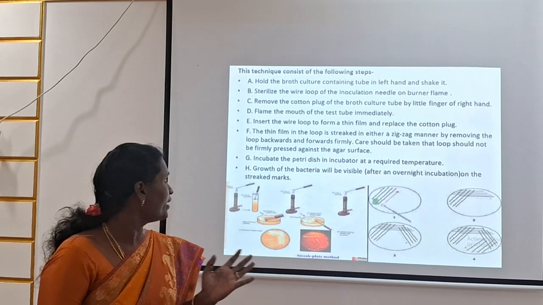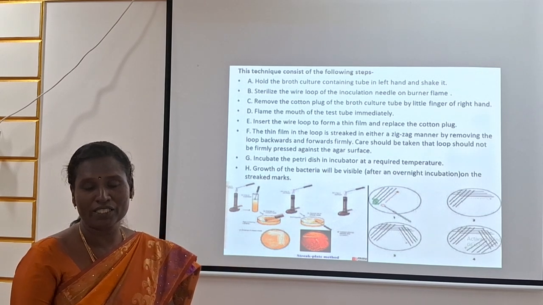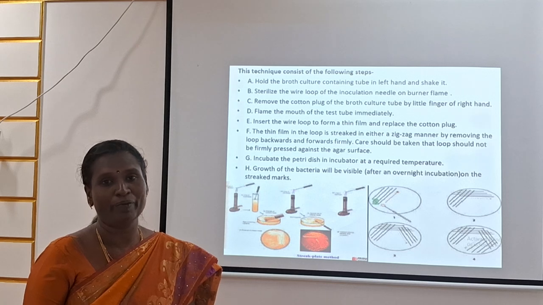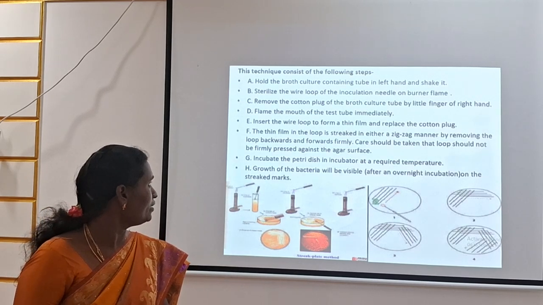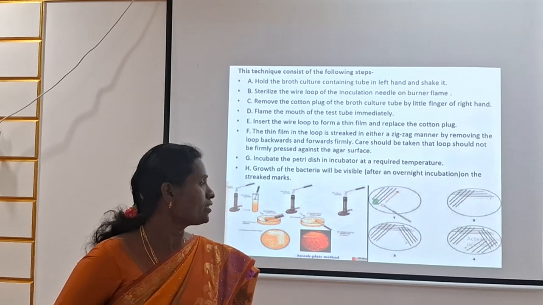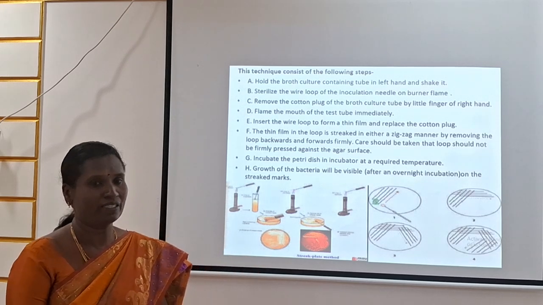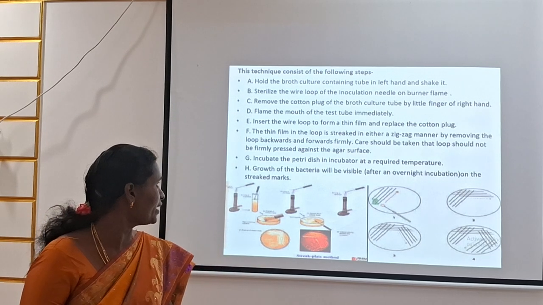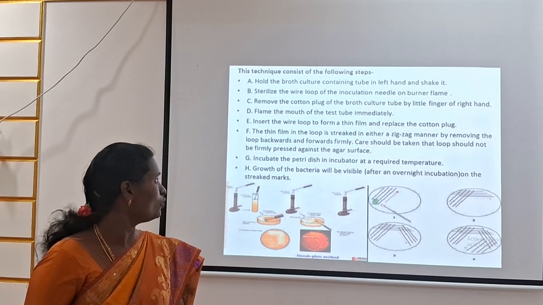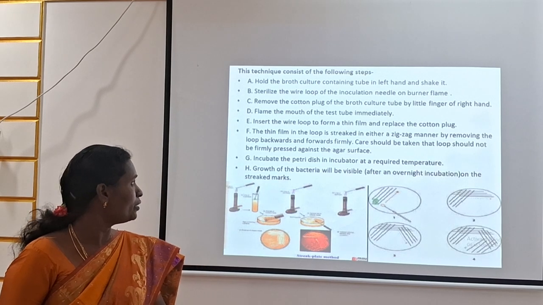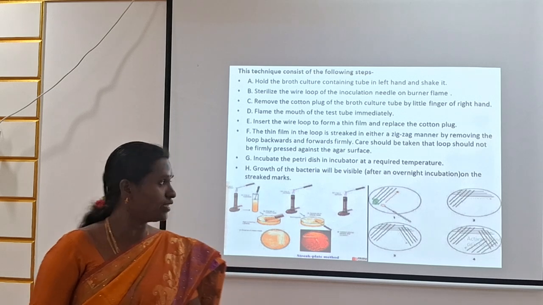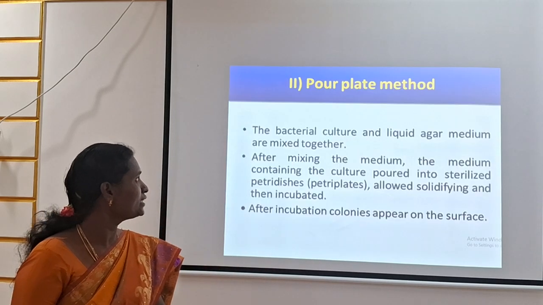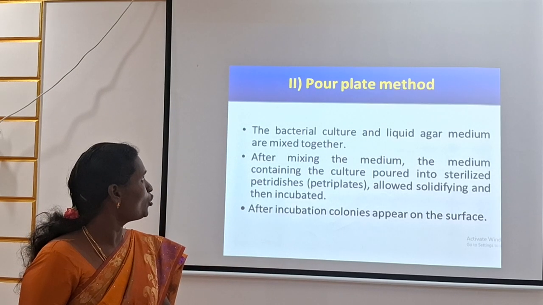After inoculating, it should be incubated overnight at 37 degrees centigrade. After overnight incubation, the growth of the bacteria will be seen on the marked streaks.